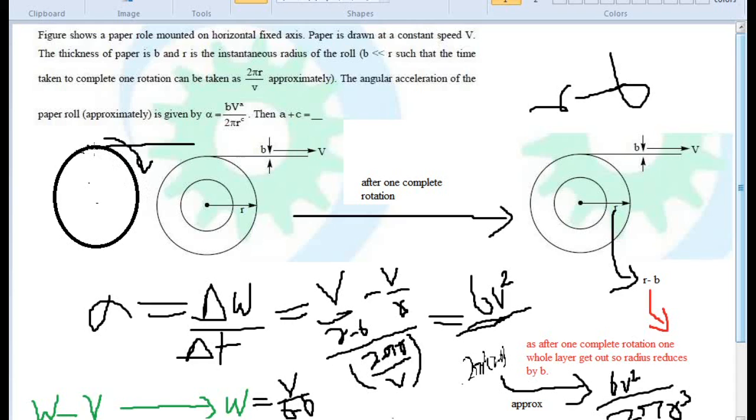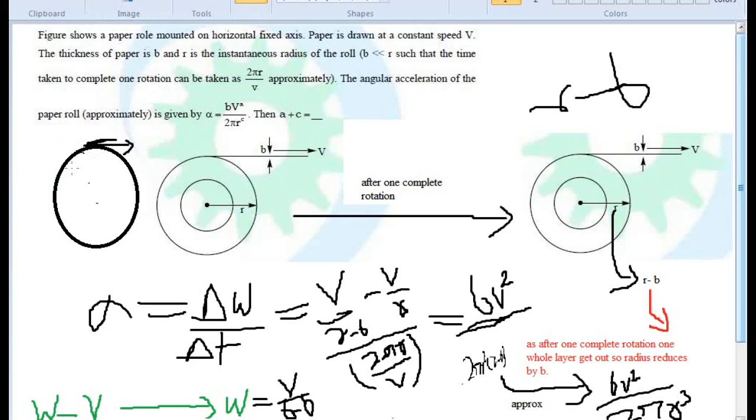Sorry, not this layer. I am talking about this layer actually. Let me mark the part about which I am talking. Once we pull this paper, this part is going to go here.